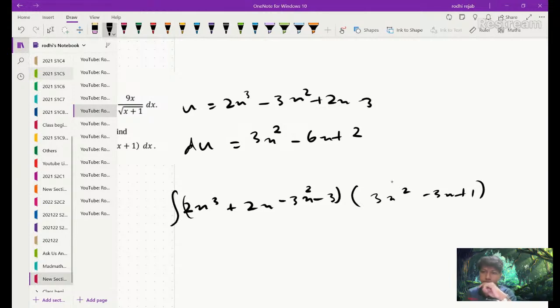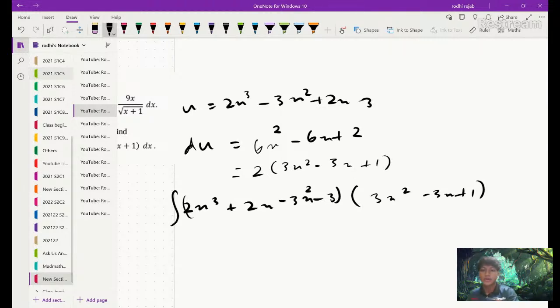So based on this, we have 6x. So based on the one that we differentiated just now, we have to factorize the 2 out of the equation, so we will get 3x squared minus 3x plus 1.